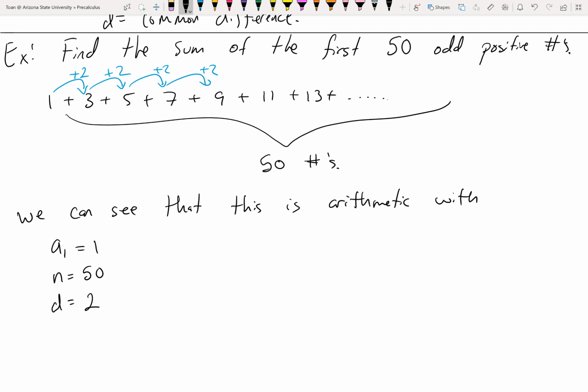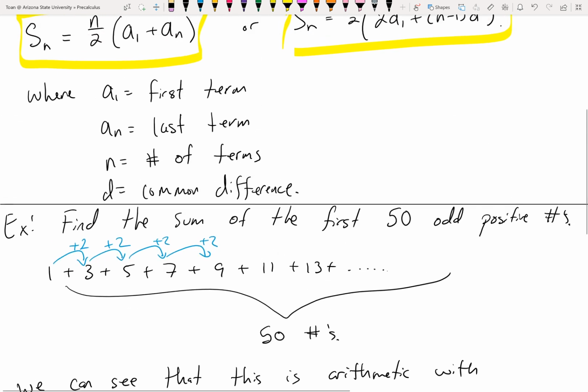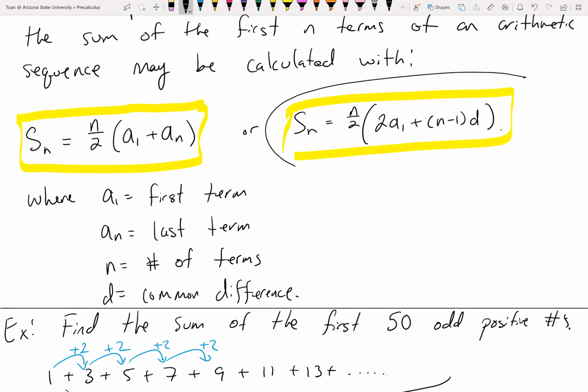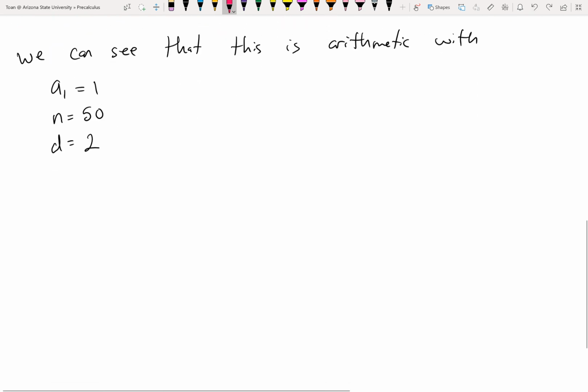We don't know what the last term is because we didn't count all the way, but is there a sum formula that utilizes all these pieces? Indeed there is. It's the second variation, where we have all the required pieces: the number of terms n, the first term a sub 1, and the common difference. So I don't need to know what the last number is. I can go ahead and apply this variation here.